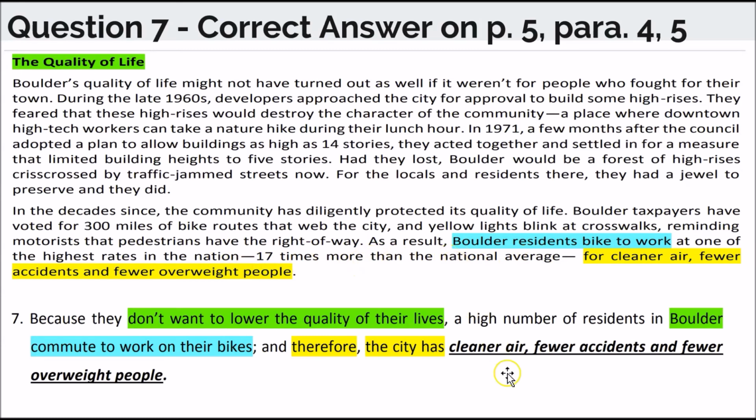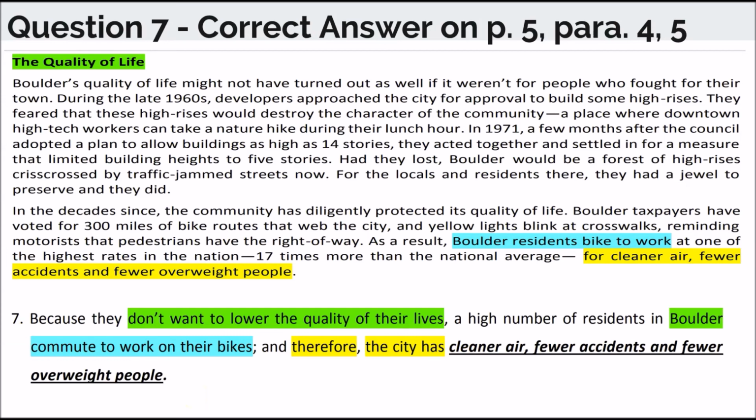For this part, we are given no information that is equal to this part here, so we can continue with the rest. Why do they bike is given here. They do it for cleaner air, fewer accidents, and fewer overweight people. So in short, they have these things, right? So cleaner air, fewer accidents, and fewer overweight people is our answer.